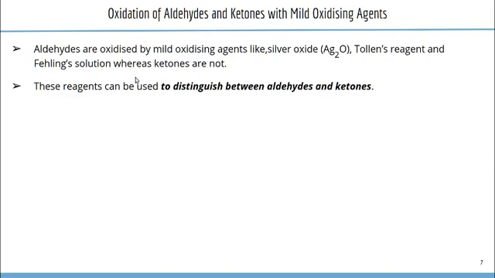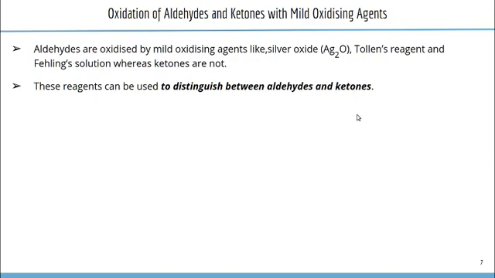So ketones are resistant to oxidation with mild oxidizing agents, whereas in the case of strong oxidizing agents, usually they resist oxidation, but upon prolonged heating or under drastic conditions, they can be oxidized to carboxylic acids. It means a mixture of carboxylic acids is obtained during oxidation. These reagents can be used to distinguish between aldehydes and ketones.